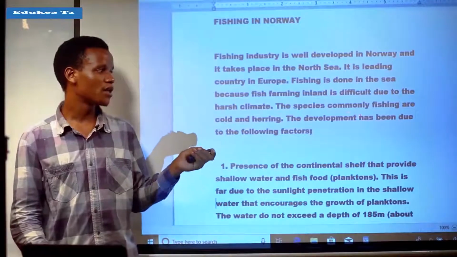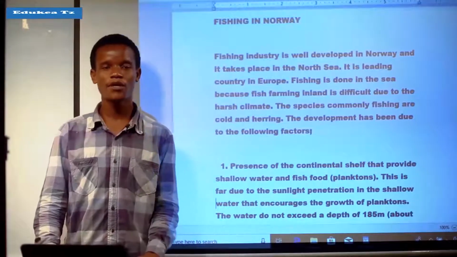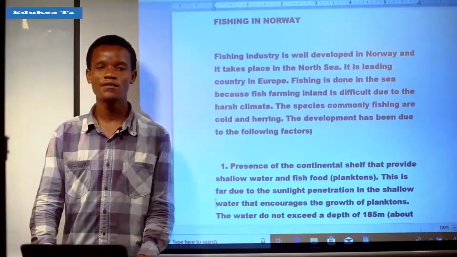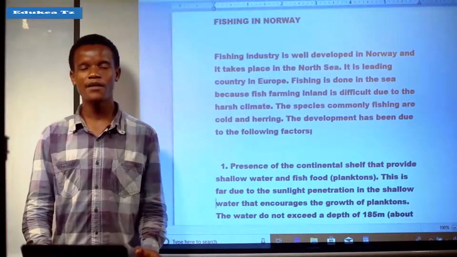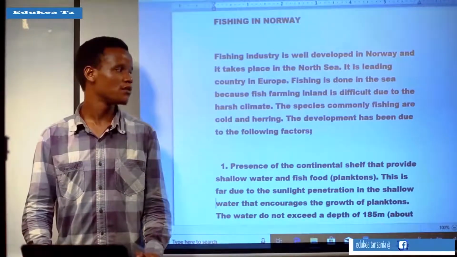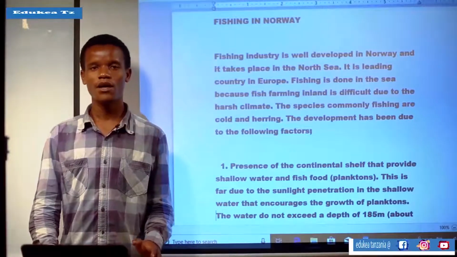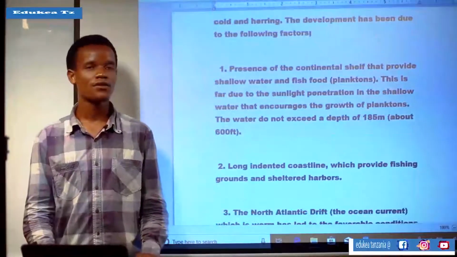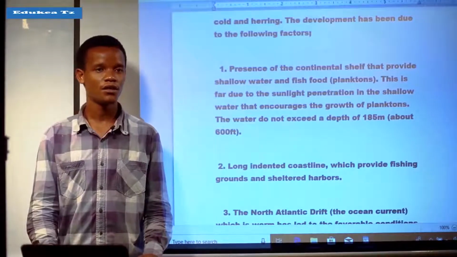The development has been due to the following factors. For any kind of progressive change to take place, there are different factors that act as the driving force. So let's now see the factors that contributed much to the development of fishing in Norway.